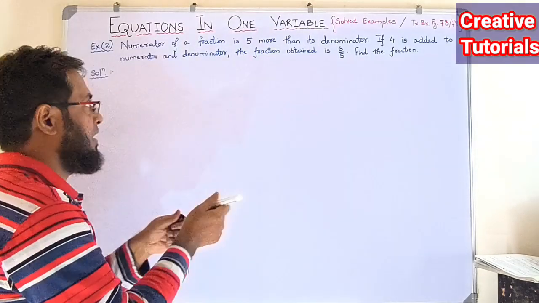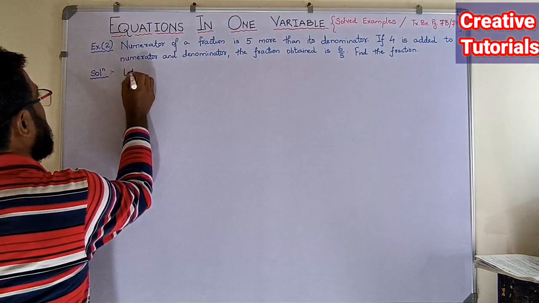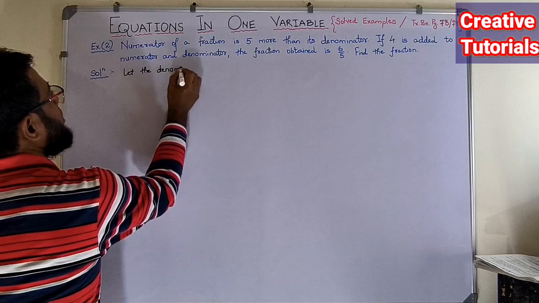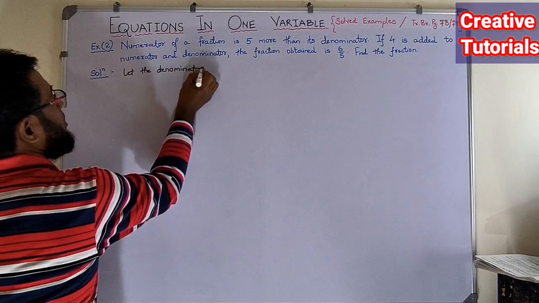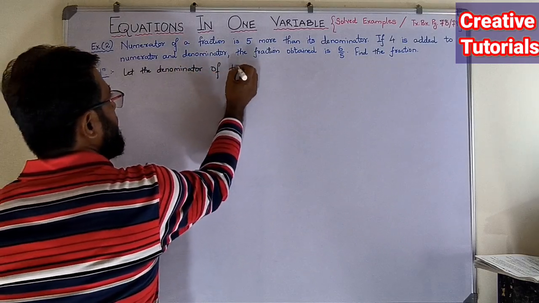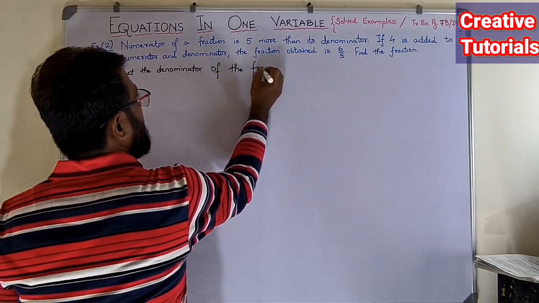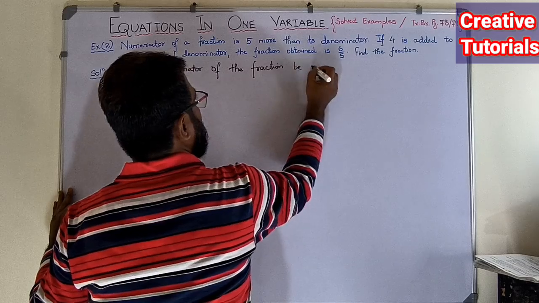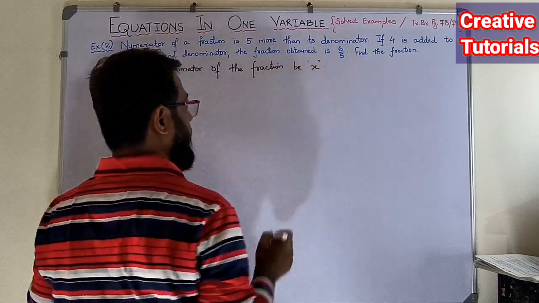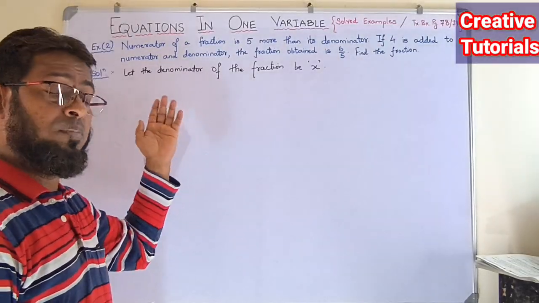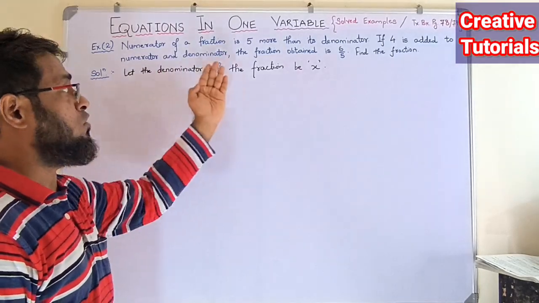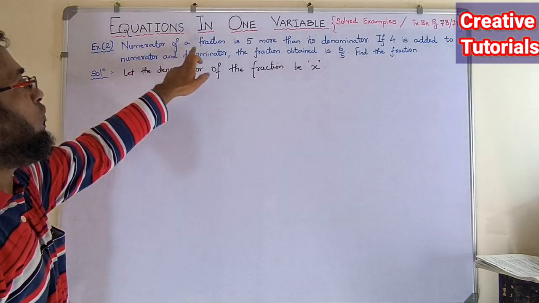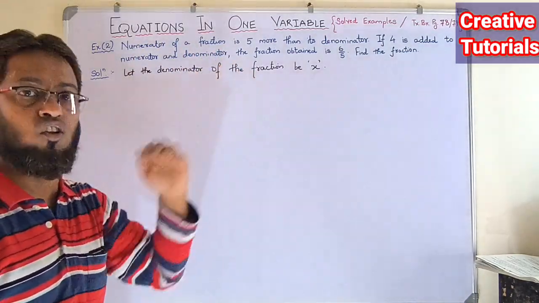So I will write: let the denominator of the fraction be x. Now, having assumed that the denominator of the fraction is x, the condition says that the numerator of a fraction is 5 more than its denominator.